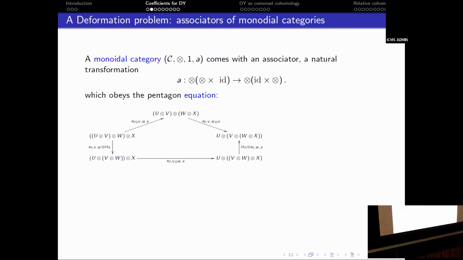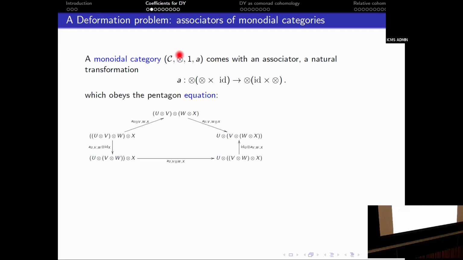So what deformation problems do we obviously want to consider? We want to study deformations of the associator, and our game is as follows. I'm only deforming very few things. I'm not deforming the category as a category. I'm not deforming here the tensor product as a tensor product. These are valid questions. I'm deforming, in a sense, just at the top level of the morphisms. And there I have equations.